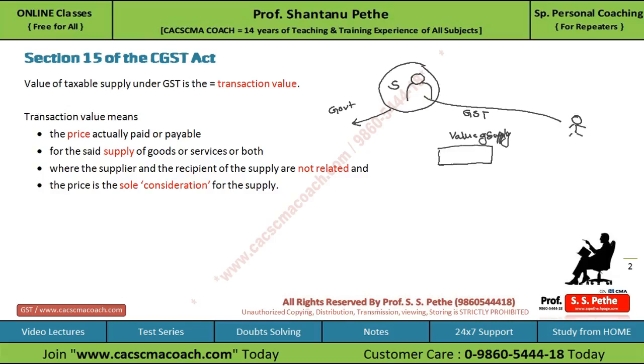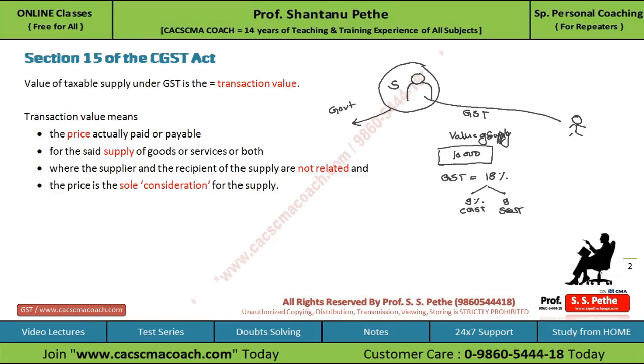For example, suppose the value of taxable supply is 10,000 rupees and the GST applicable on the supply is 18%. So let's say 9% is the CGST, and 9% is the SGST. So total 18%.